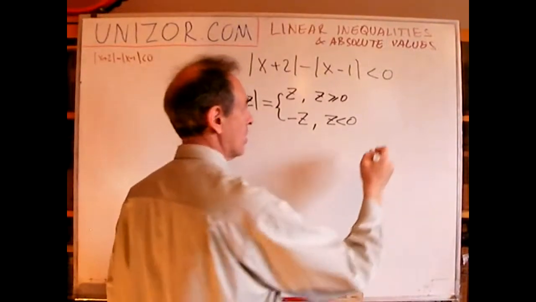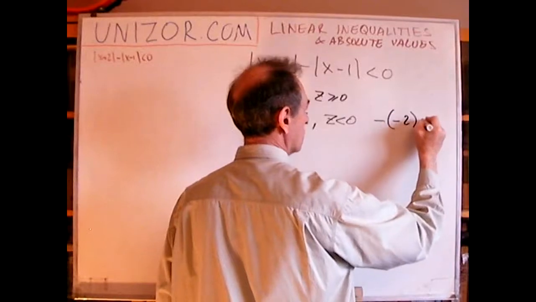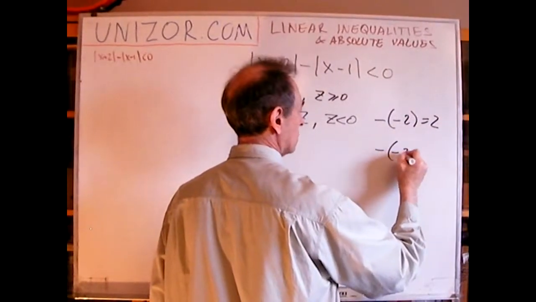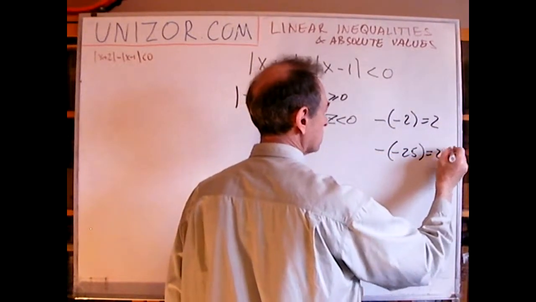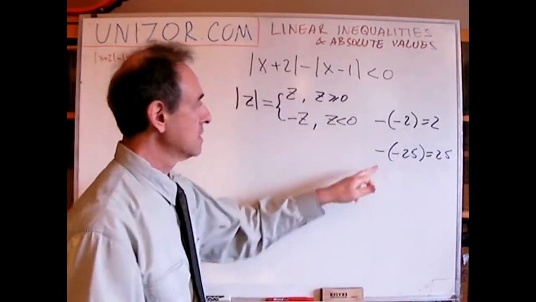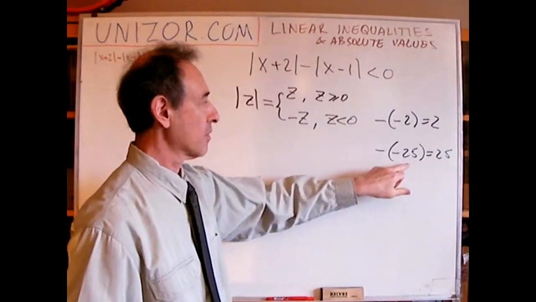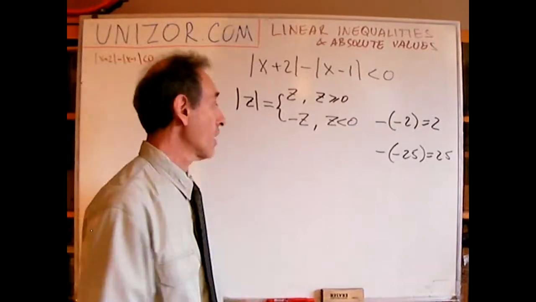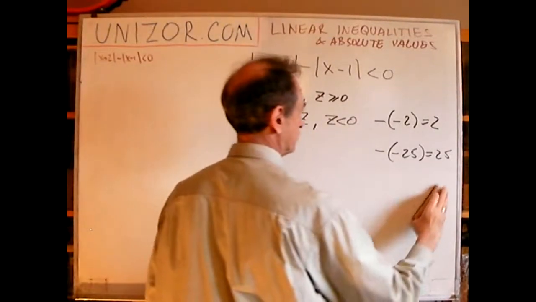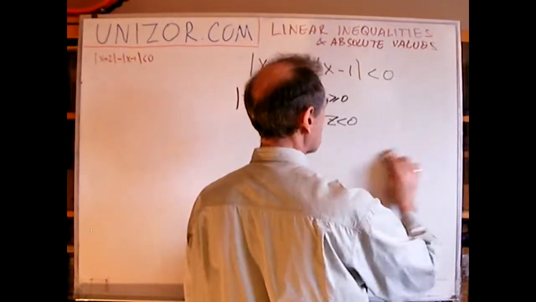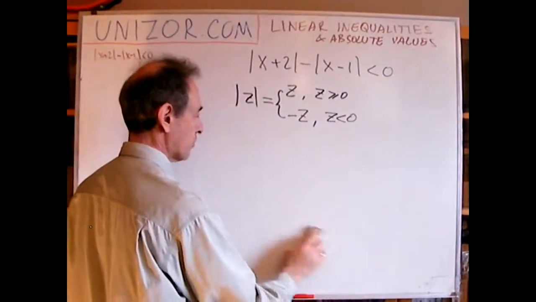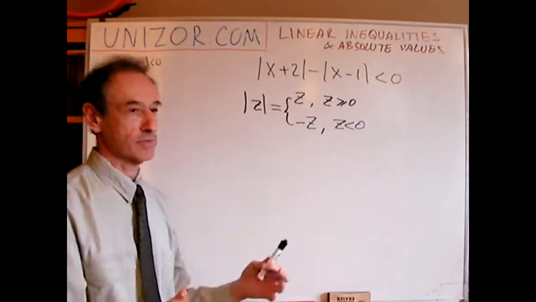Minus of minus 2 is 2. Minus of minus 25 is 25. So if I negate my negative number, I will get its absolute value. So this is the definition. I was just trying to explain it. It's not a proof, it's just an explanation why this definition is important.